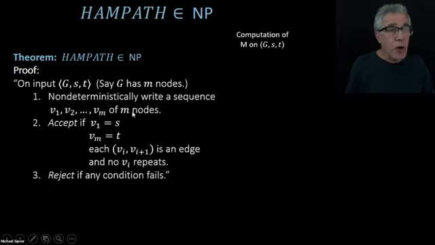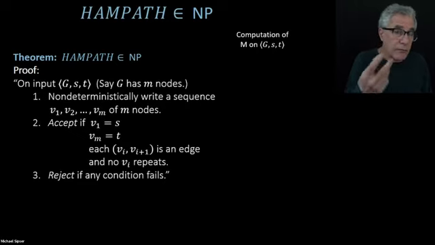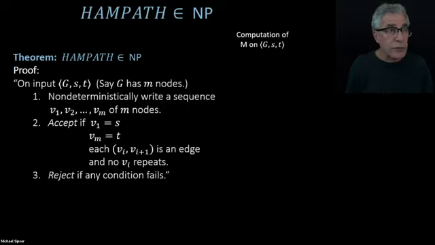So let's think of the M nodes as having labels numbered 1 through M. And I'm going to think about them being labeled by their binary sequences. We're going to write down those nodes. That's how the machine is going to have to operate on those numbers for the nodes. We'll think about them as being written in binary.